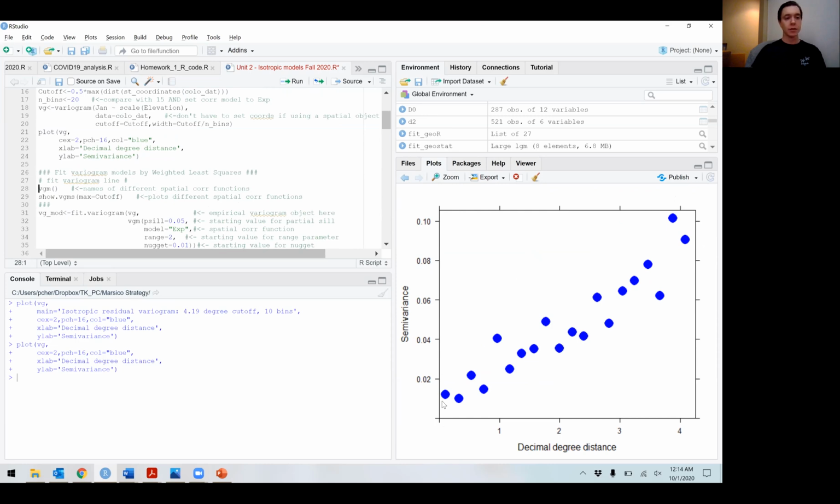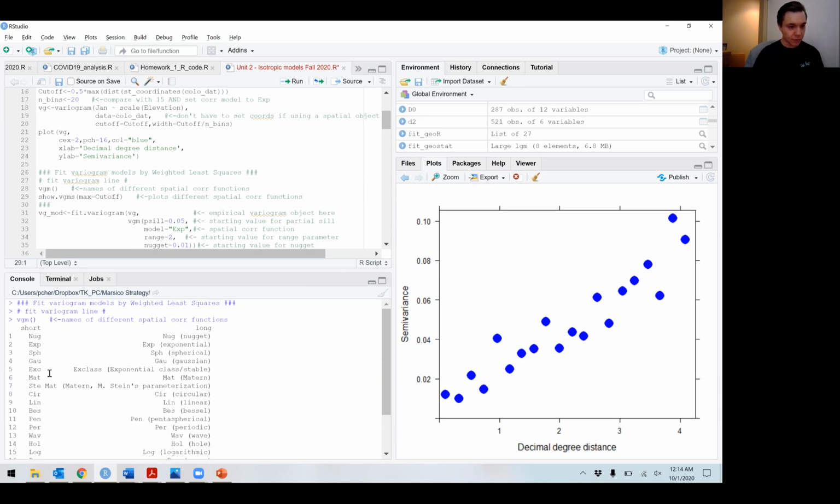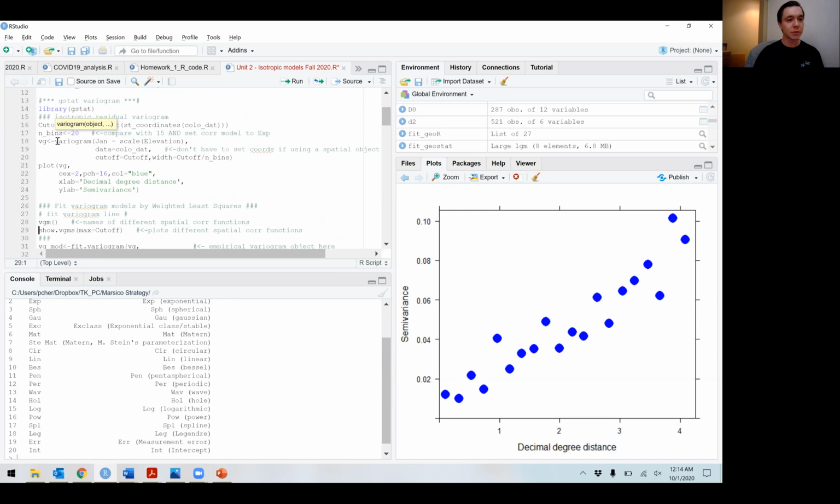So here are the functions to do it. Running vgm without any arguments will give you a list of all the different correlation functions that gstat supports. Remember, this is the gstat package that gives us variograms.